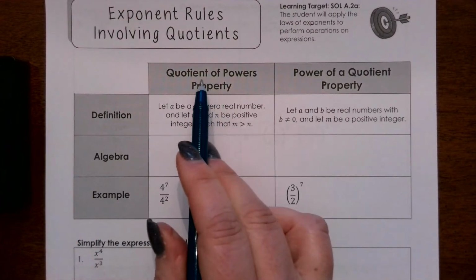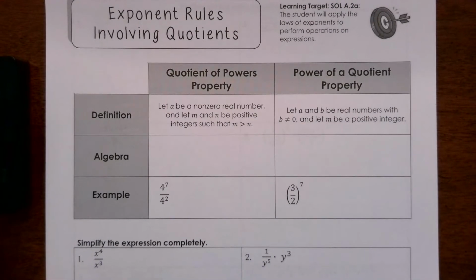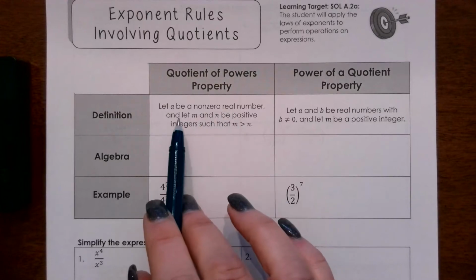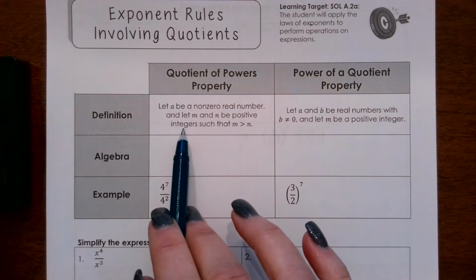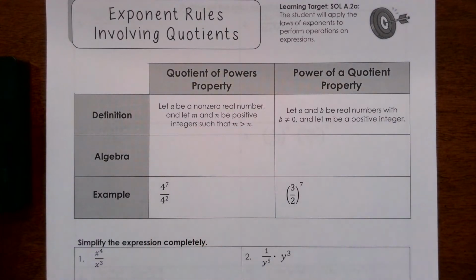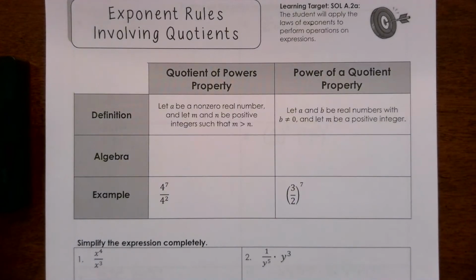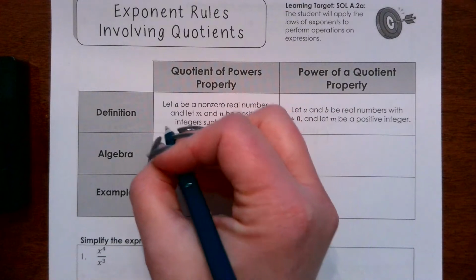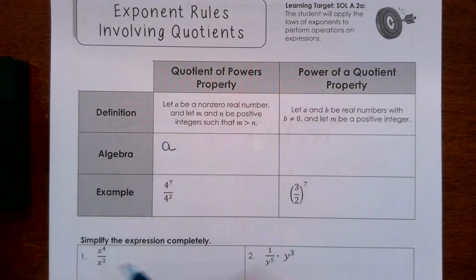The first is the quotient of powers property. Here's just a lot of words. Let a be a non-zero real number and let m and n be positive integers so that m is greater than n. But let's give that some algebra. So let A be our base. It's a positive non-zero real number.